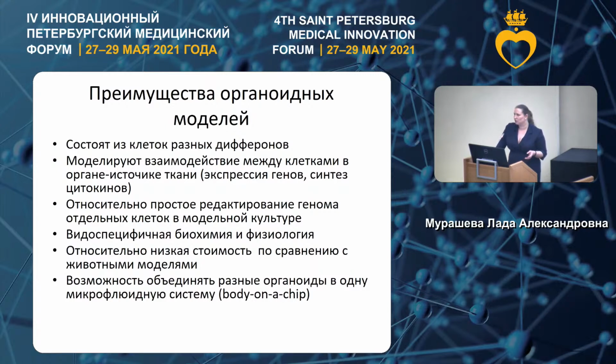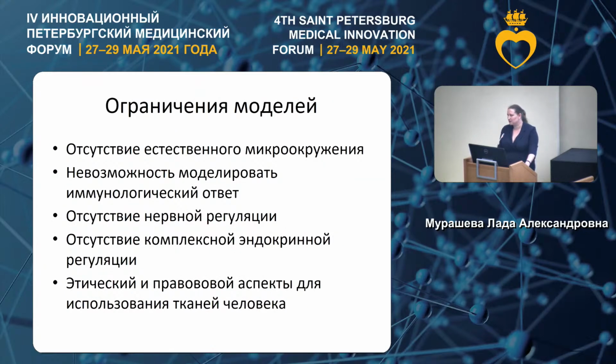That system exists, so we can connect about 10 organs. It's called body on a chip. We can also connect tumoroids into this system and analyze how neoplasms, for instance ovarian cancer, would interact with pulmonary tissue biochemically.